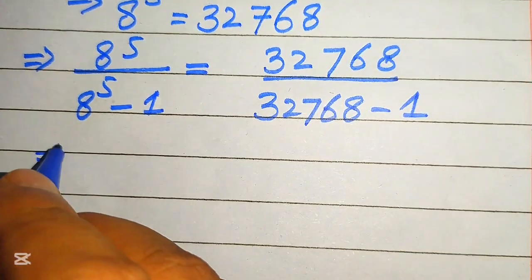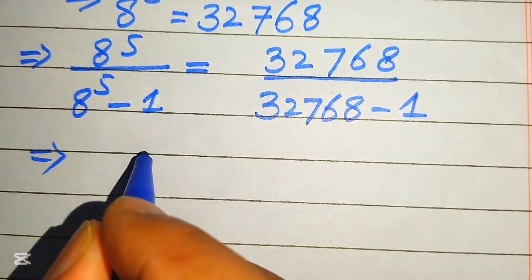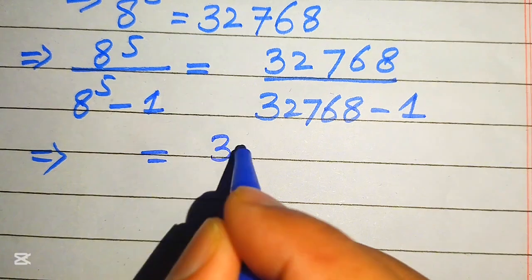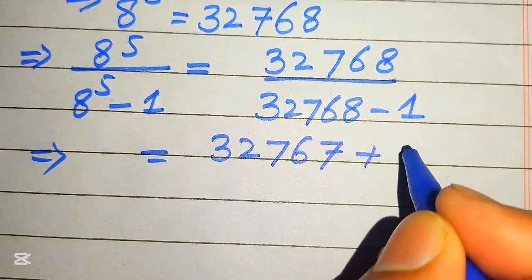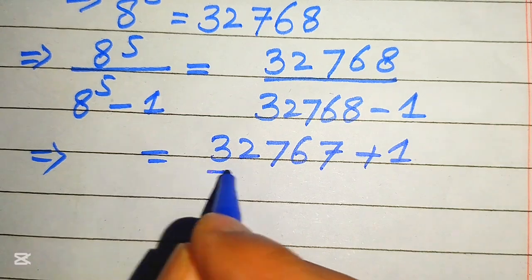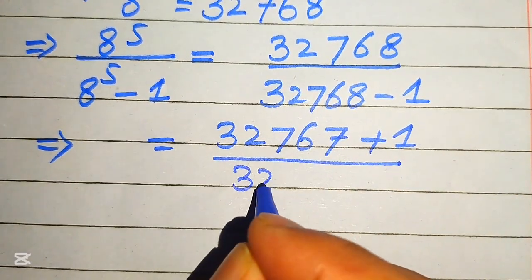In the next step we break the numerator and write it as 32,767 plus 1, and it is divided by, when we subtract these two values, 32,767.